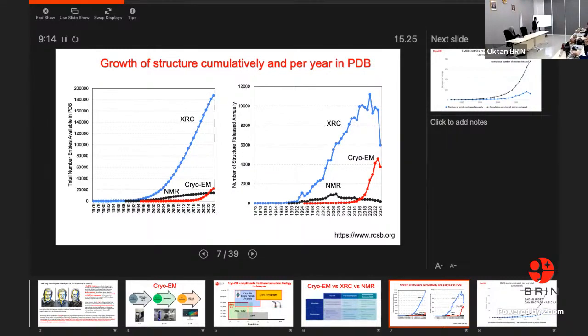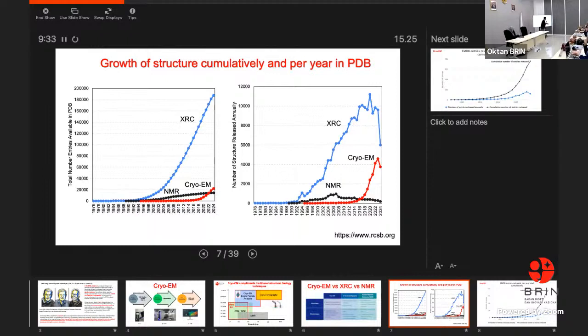And if we look at it per year annually, cryo-EM has drastically increased. And X-ray crystallography in 2024 is almost twice the cryo-EM.